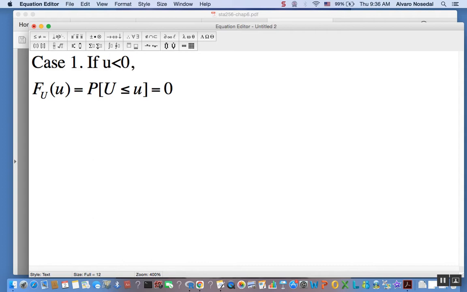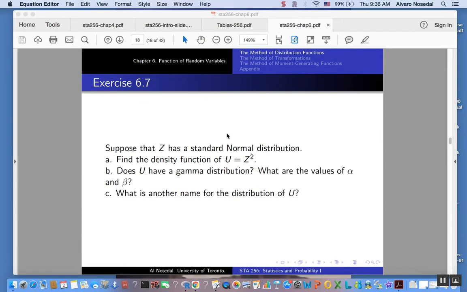Okay, so we have that one there. We're going to slightly modify that in just a minute. But we have the first case done.